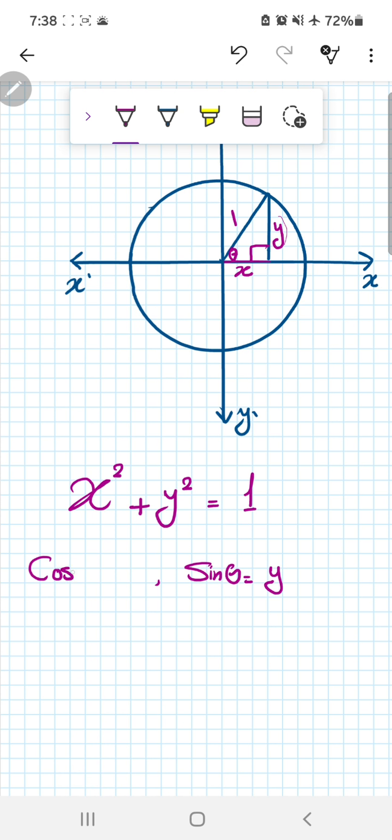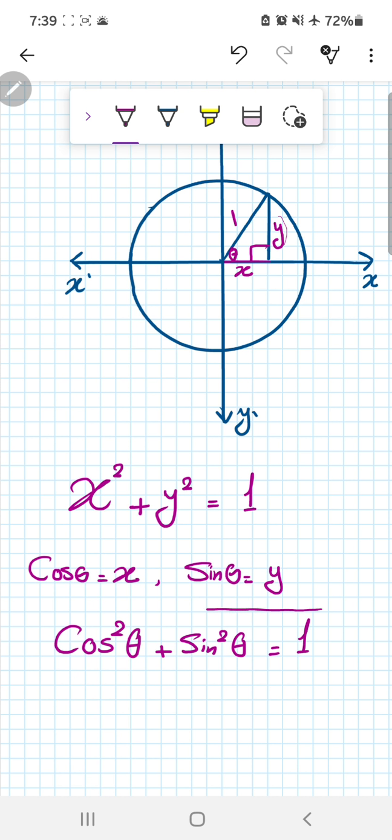By substitution, x power 2 is cosine power 2 theta plus y power 2, which is sine power 2 theta, equals 1. And here is the first trigonometric identity: cosine power 2 plus sine power 2 equals 1.